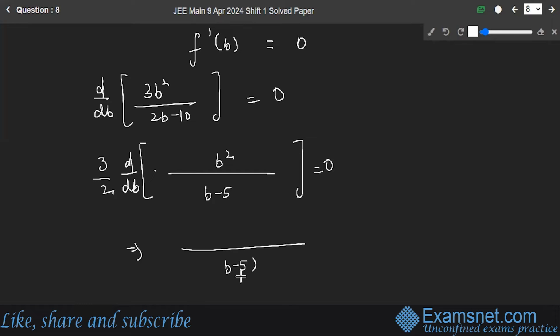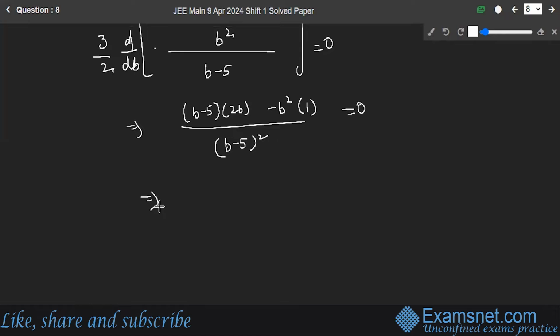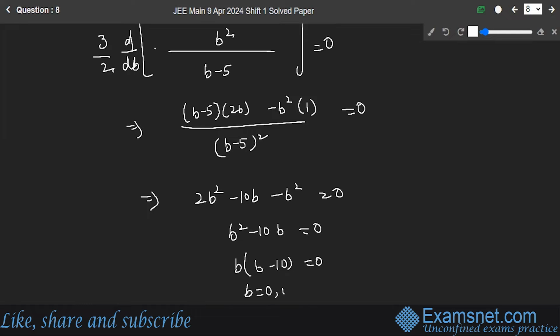This will give me denominator into derivative of the numerator minus numerator into derivative of denominator, which is 1, equal to 0. Or you will have 2b squared minus 10b minus b squared is equal to 0. b squared minus 10b is equal to 0. b into b minus 10. So that means b is equal to 0 or b is equal to 10.